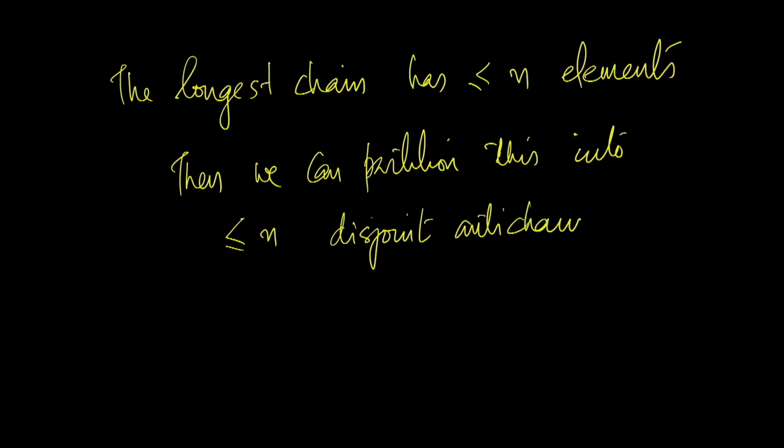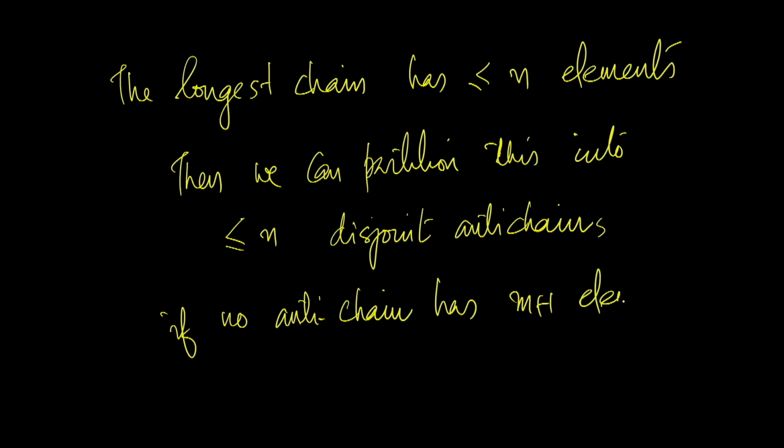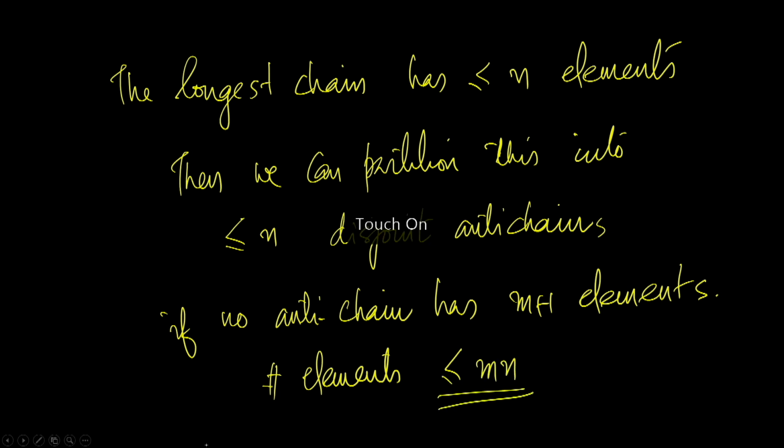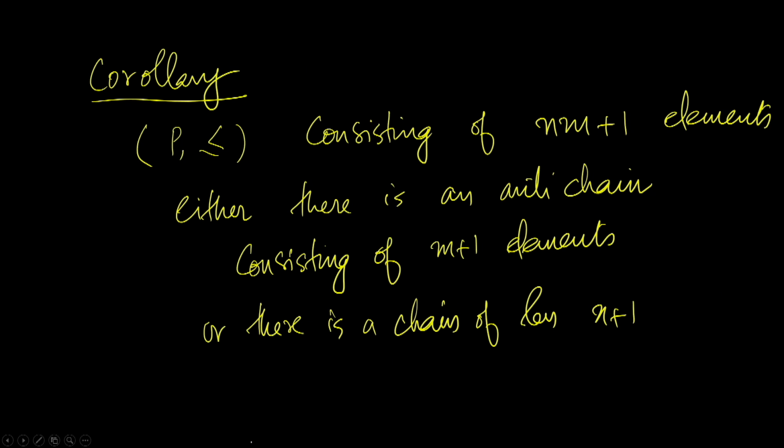So, this is a partition of the given set. We are partitioning it into at most n disjoint antichains. If no antichain has m plus 1 elements, then each antichain has at most m elements. So, the number of elements would be less than or equal to m into n, which is a contradiction because we have assumed that we have mn plus 1 elements.